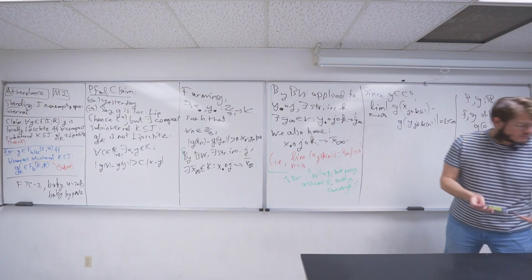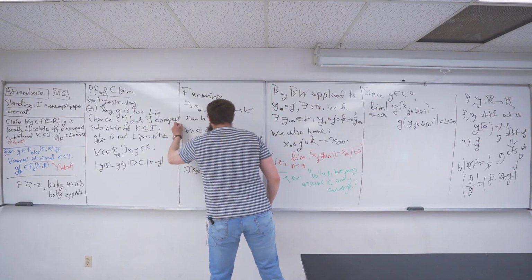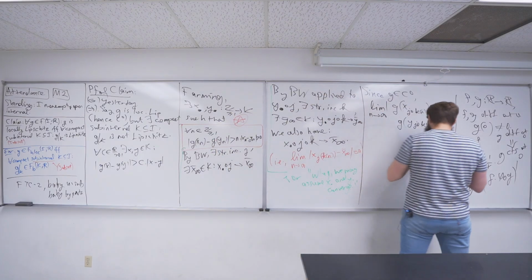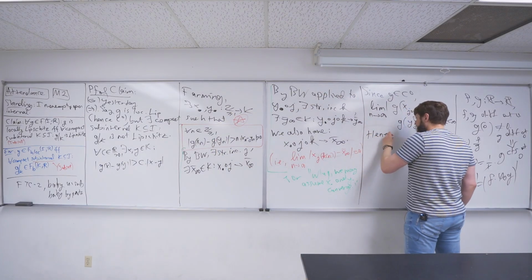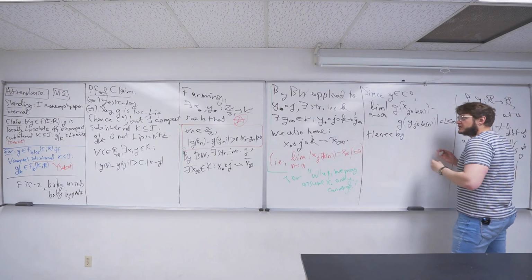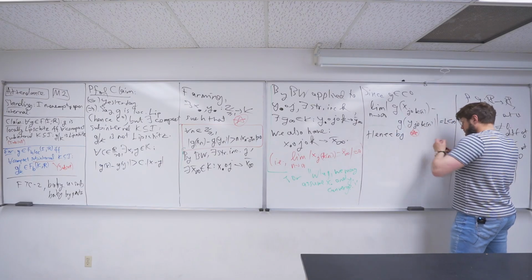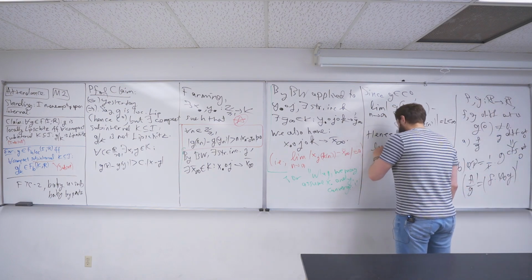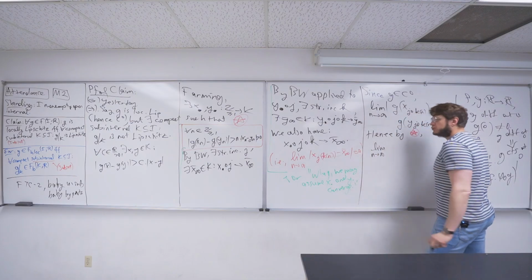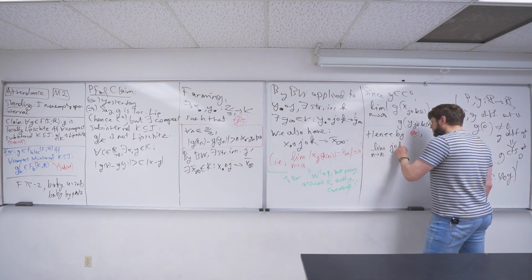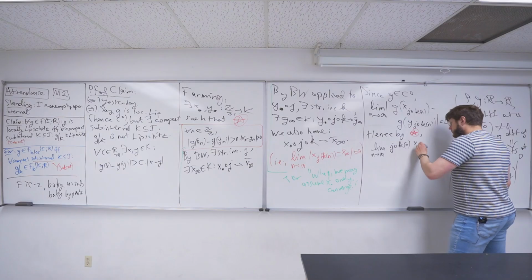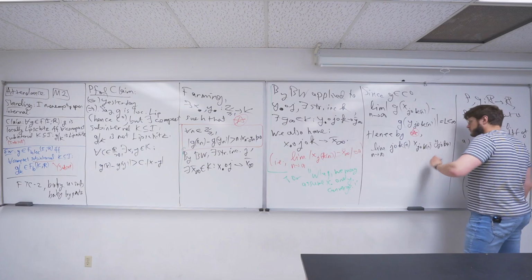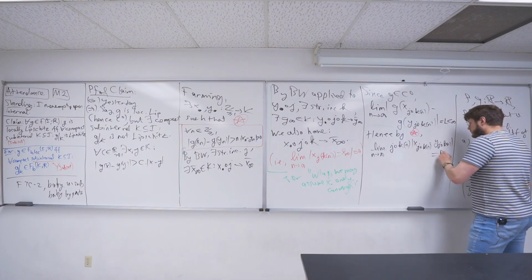I'll write it like this. This is the important property. Okay. Hence, by red star, limit as n goes to infinity of this expression is 0.